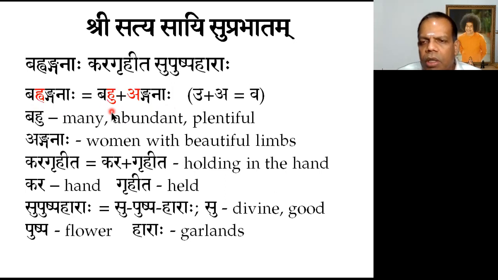This hu and a make hva. What happens is hu is made of h and u. So that u and this a become v. U and a becomes v. So h plus u is hu and u plus a becomes v. So h plus v becomes hv.